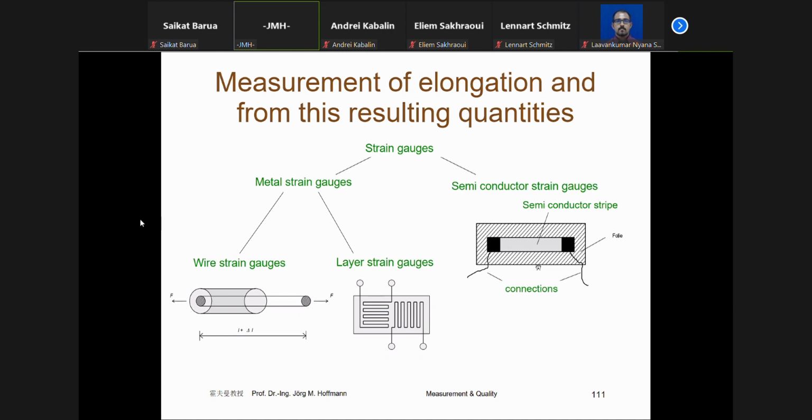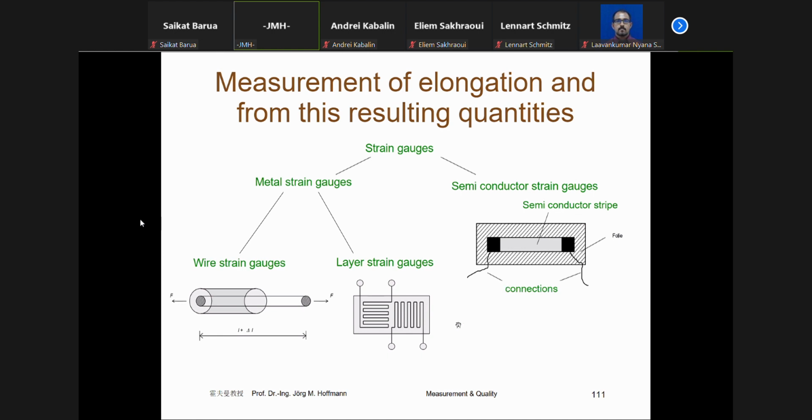The semiconductor strain gauges we cannot produce with exactly the same temperature coefficient, and therefore using semiconductor strain gauges is only possible if you have completely electronic around where you can measure the influence of the temperature on every strain gauge. Therefore, the semiconductor strain gauges are normally part of a very complex electronic system.